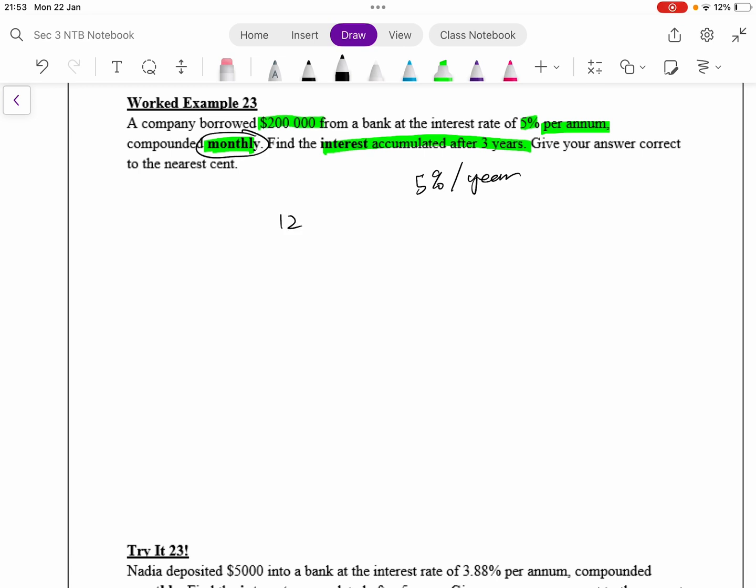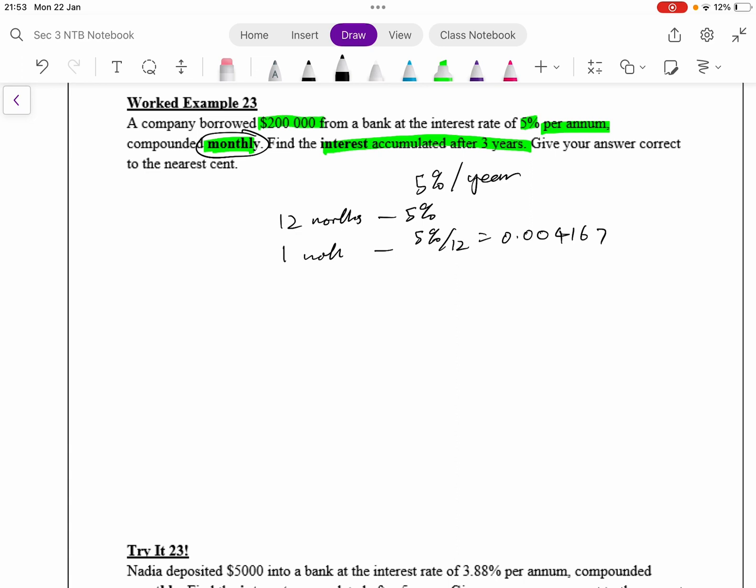So that means 12 months. So 1 month is actually 5% divided by 12. If I take 0.05 divided by 12, I actually get 0.004167.